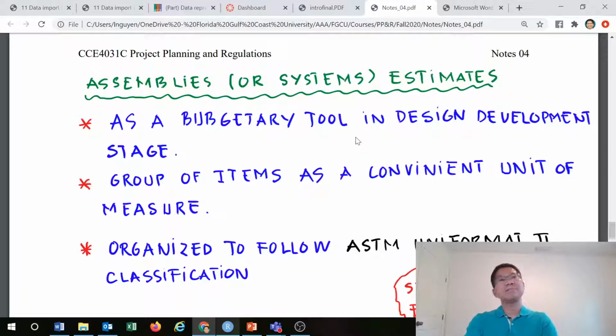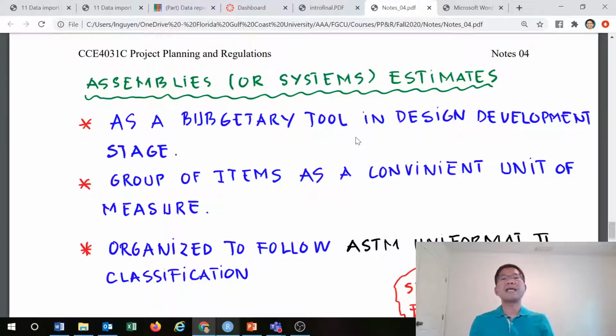As you can see in that problem, clay tile is more expensive than asphalt shingles. So if your budget is not sufficient to use clay tile, we can remove that system, the clay tile, and replace it with asphalt shingle. So that is basically an easy, good budgetary tool in the design development stage, where we can change the system to meet the constraint of the budget.